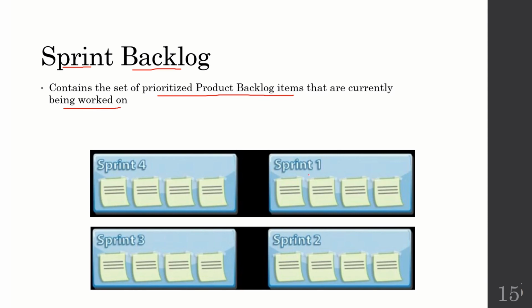So these are the separate sets named Sprint 1, Sprint 2, Sprint 3 and Sprint 4, all having a set of functionalities provided in the product backlog.